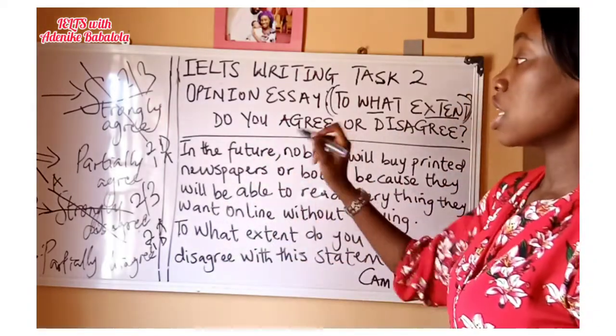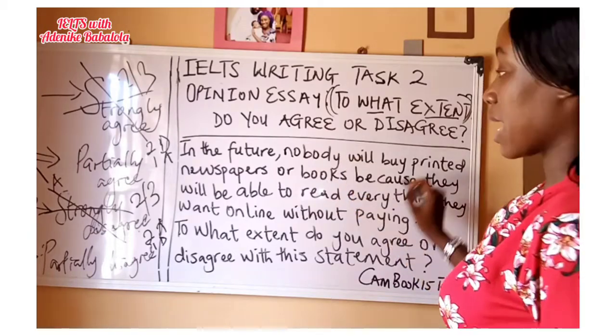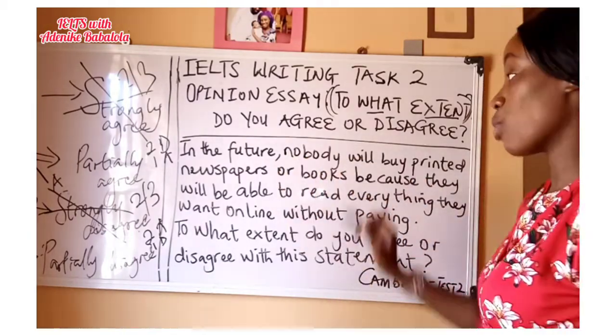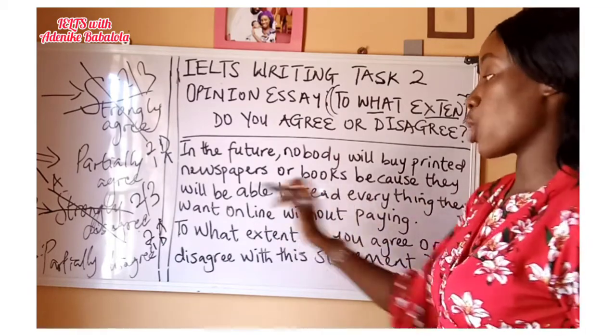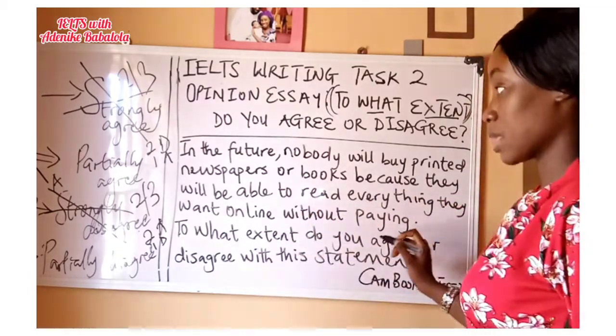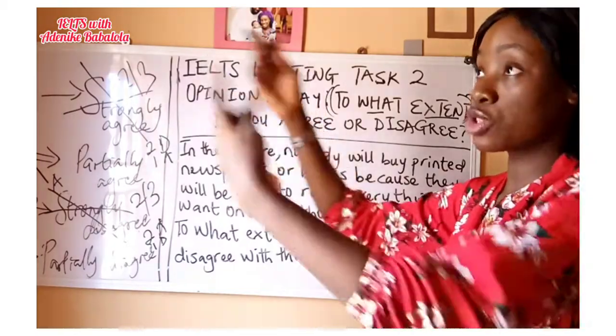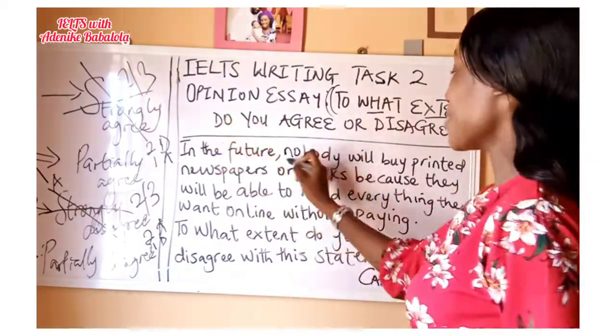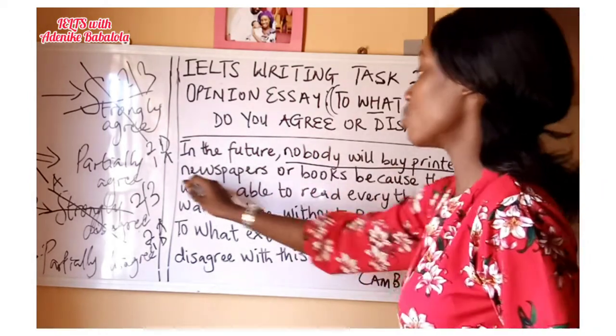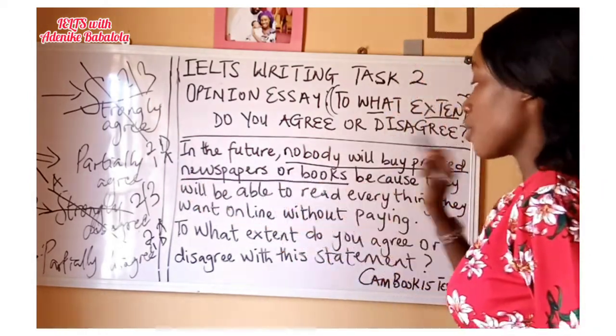It says, in the future, nobody will buy printed newspapers or books because they will be able to read everything they want online without paying. Okay, so the question is saying, in the future, let's say from next year, from 2022, we're in 2021, right? So nobody will buy printed books and newspapers. Why?